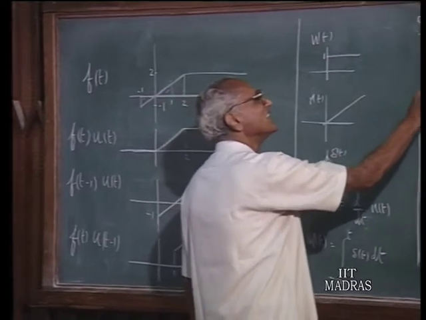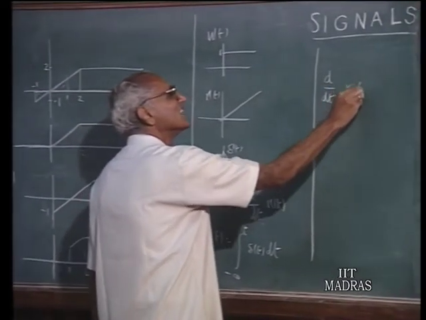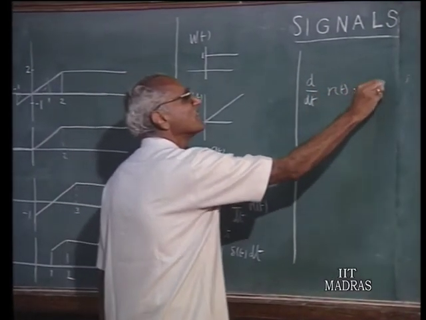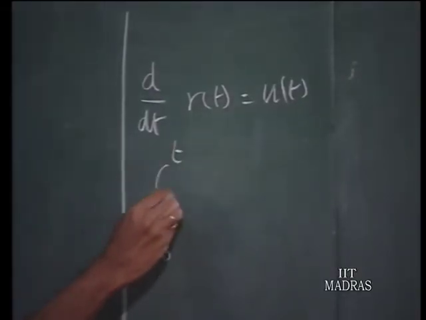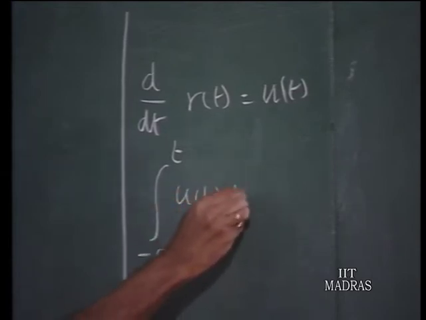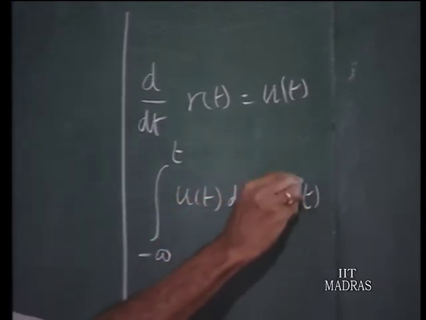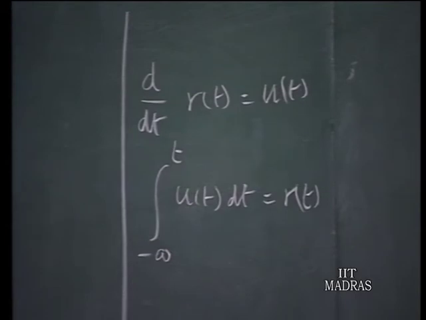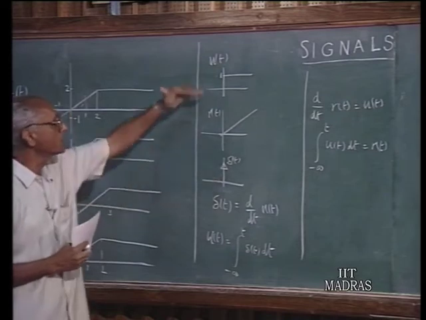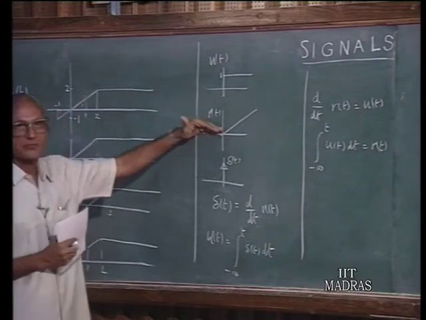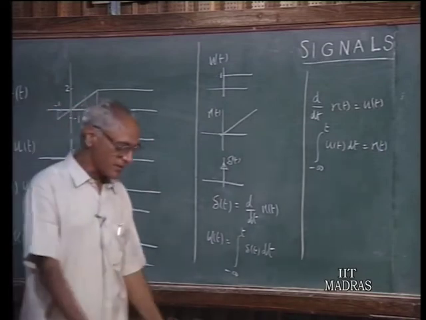So d by dt of r of t is the unit step function, and the integral from minus infinity to t of u of t dt is the ramp function. Starting with the ramp, you take the derivative, you get the step, you take the derivative, you get the impulse. Or starting from the impulse, you take the integral, you get u of t, you take the integral of that, you get r of t. So these 3 are interrelated in this fashion.